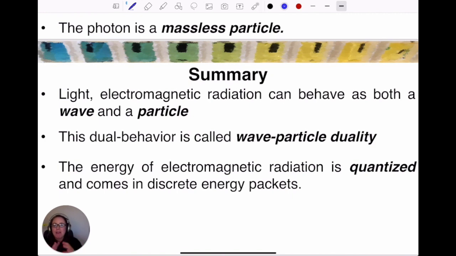This is called wave-particle duality. So it's not a wave or a particle, it's both. And the energy of electromagnetic radiation is quantized and comes in discrete energy packets. So that's the end of this particular video.